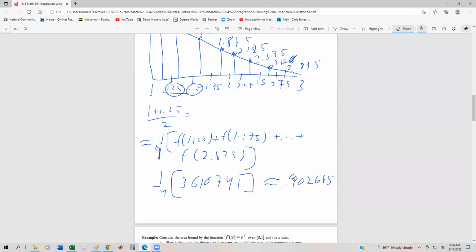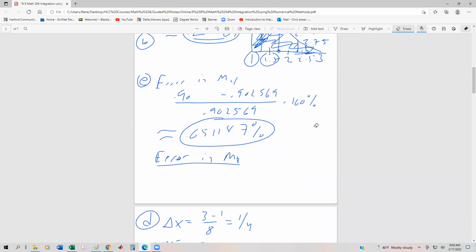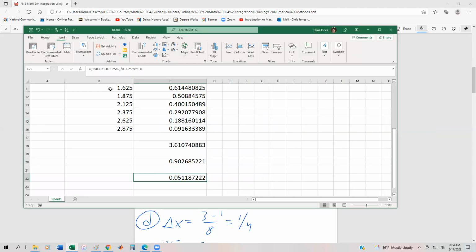And we go all the way down, and we got 0.902685. All right. And so in Excel, I'm going to go back and have the exact same command, except I'm going to replace this with 0.902685. And then this is our percent error, 0.0128, so clearly smaller.